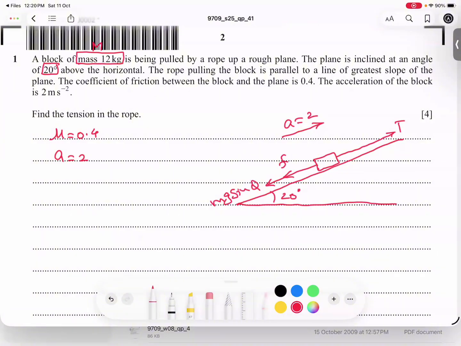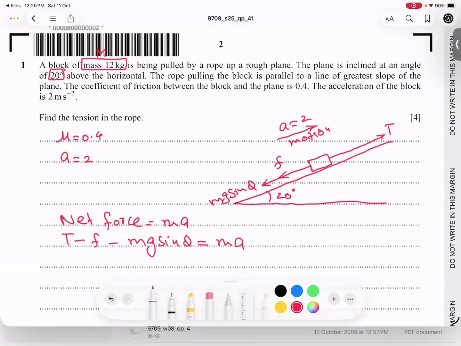Now as the particle is moving upwards, this force is bigger. So the formula we use is net force equals ma. Tension minus friction minus mg sine theta is equal to ma.